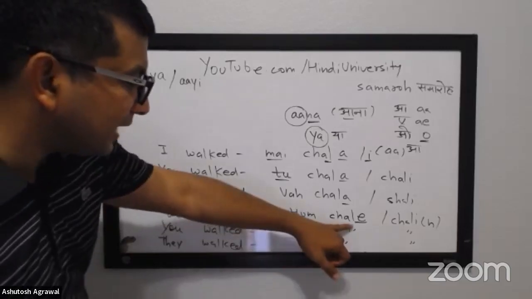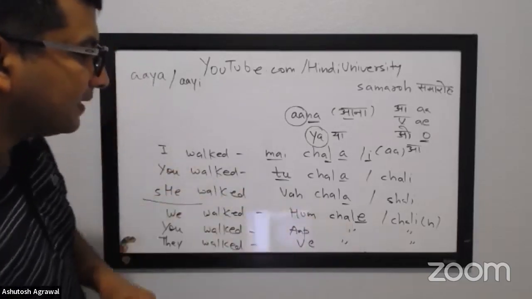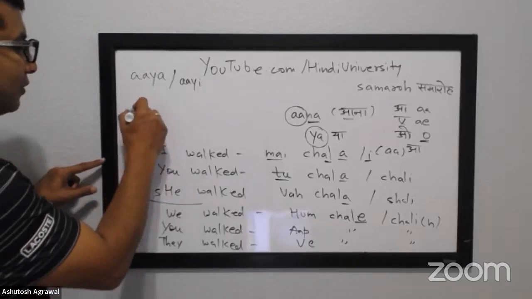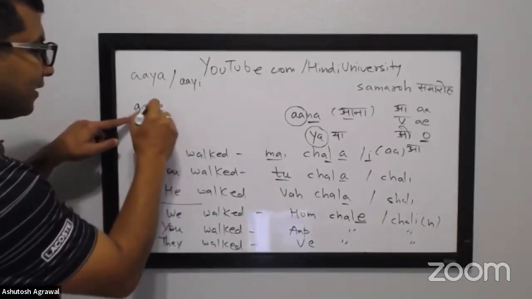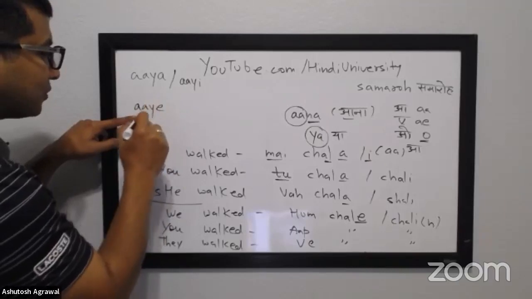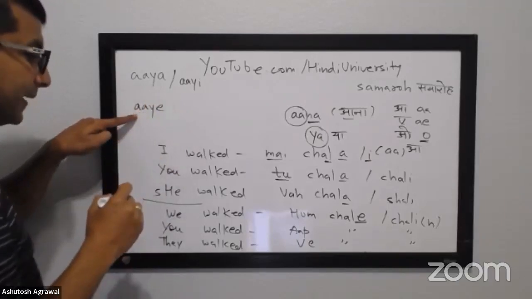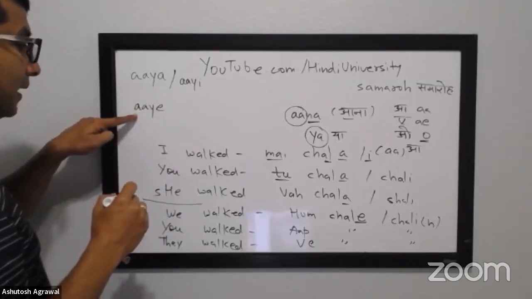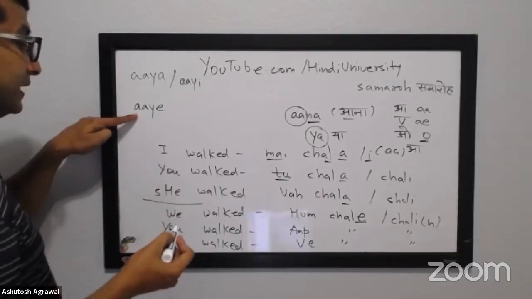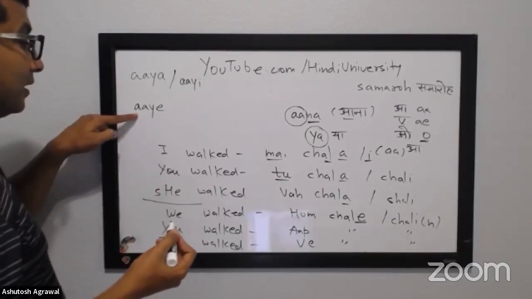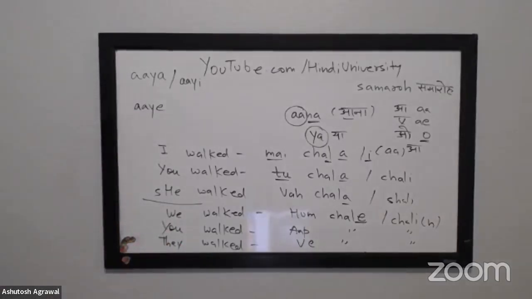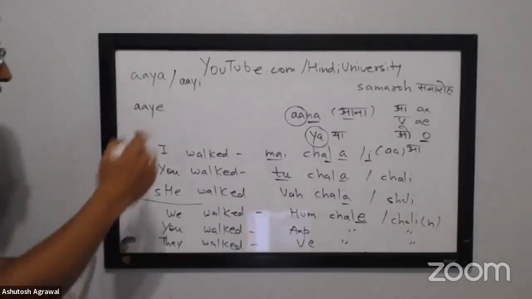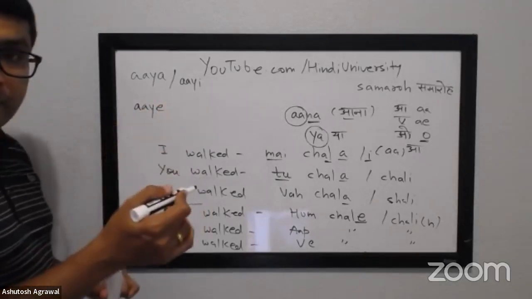Just like with chale, if you don't put the nasal sound, it would look like आए, but you are putting the nasal sound there. So हम आए, we came. हम भारत आए, or हम इंडिया आए. कल हम इंडिया आए. We came to India yesterday.